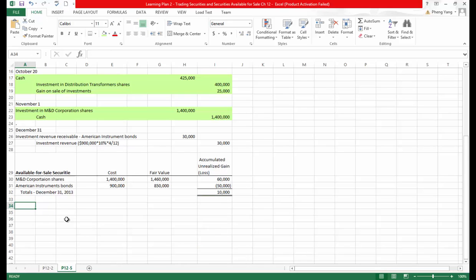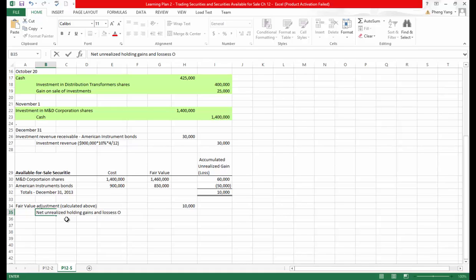Okay. So my entry then, I'm going to debit fair value adjustment for 10,000, and then I'm going to credit my net unrealized holding gains and losses, other comprehensive income, of 10,000.